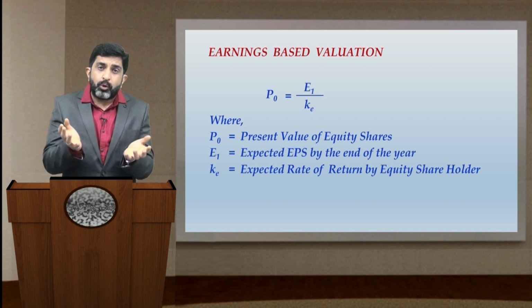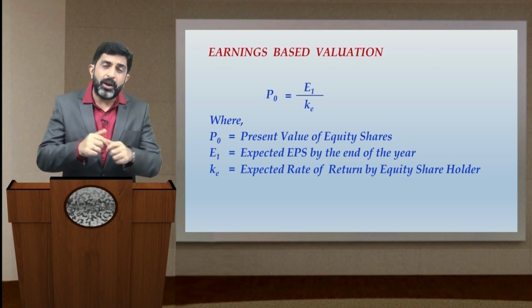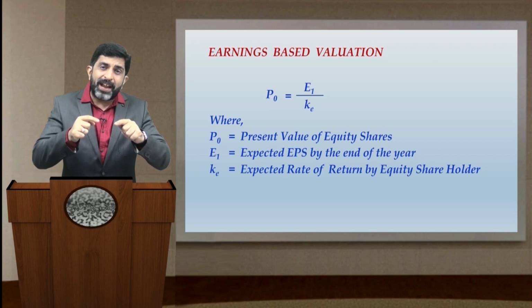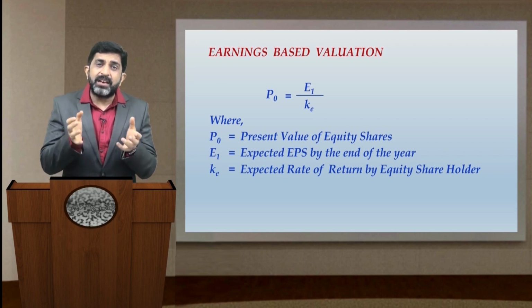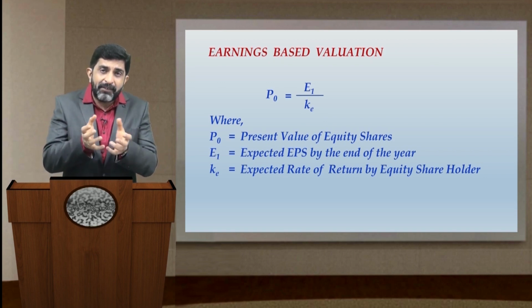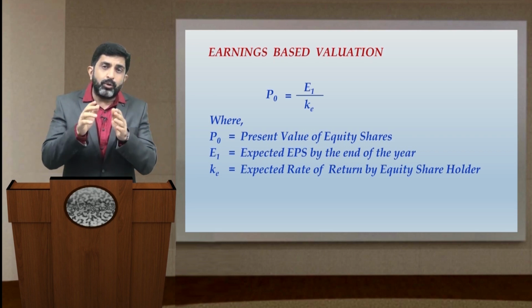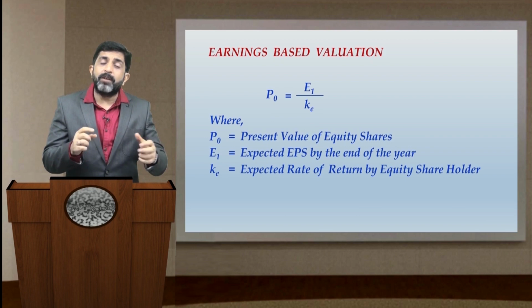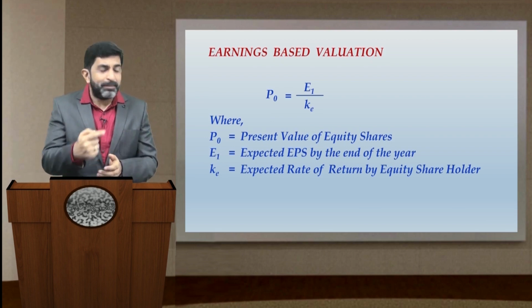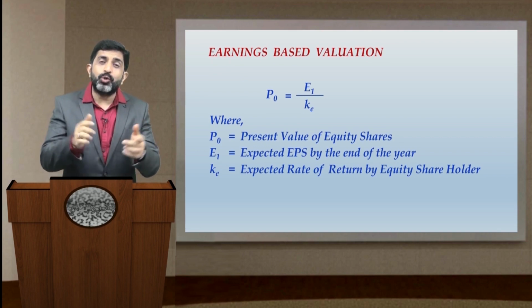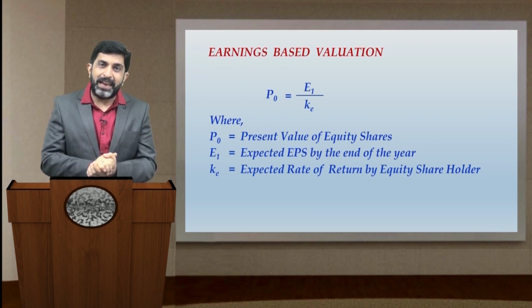So if you find the total value of capital employed and subtract the amount of debt, the remaining amount will be the value of equity. Likewise, through return on capital employed, we can find out the value of equity. Keep paying attention on the screen, I will show you that other basis of valuation.